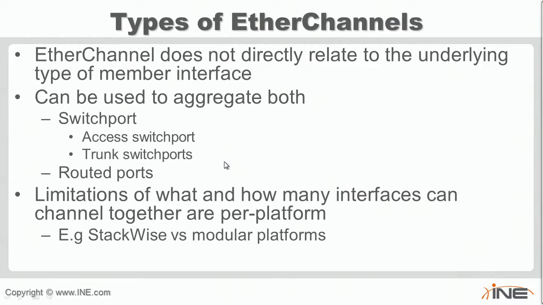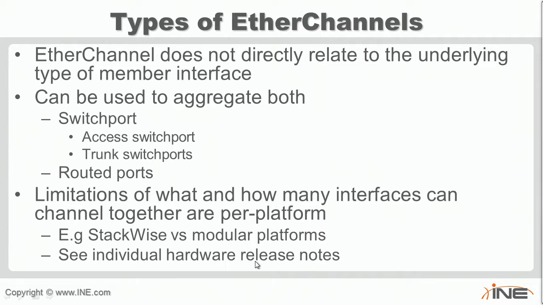This is kind of outside of our scope because this is a hardware feature. But if you are going to implement this in production, make sure you read the hardware release notes. That's going to tell you what the limitations of channeling are on a 6509 with this particular RSP or this particular module. For the access layer platforms like we're using, the configuration is not that complex to begin with.